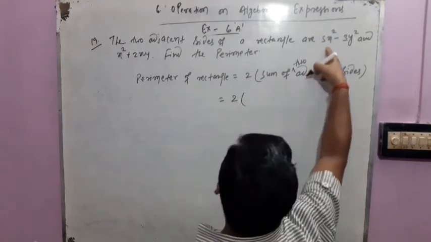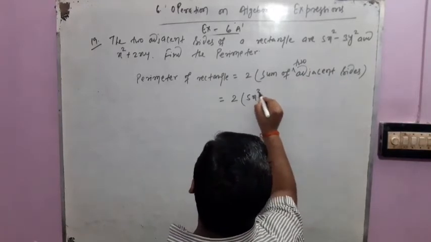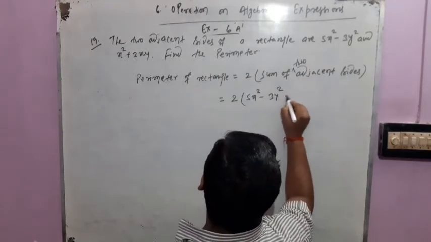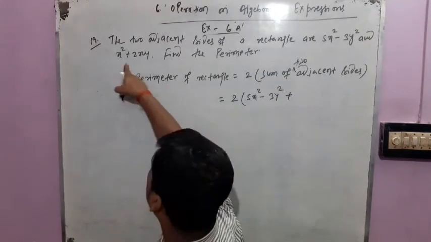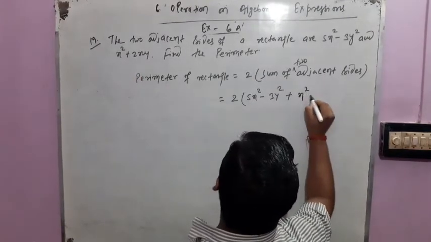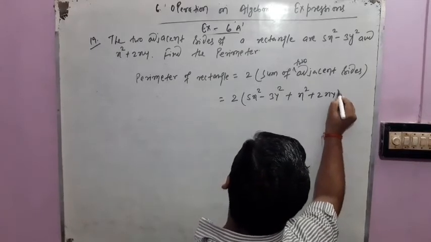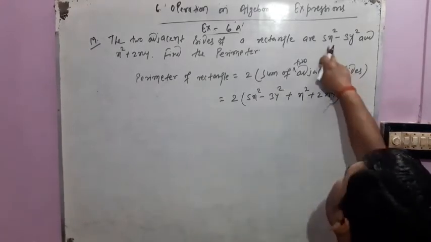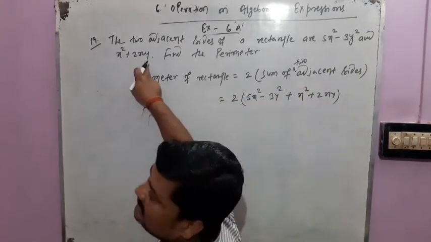The first side is 5x square minus 3y square. We have to add x square plus 2xy. This one is the first side and this one is the second adjacent side.